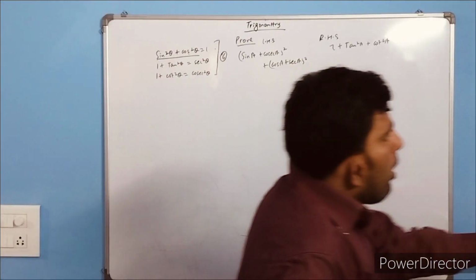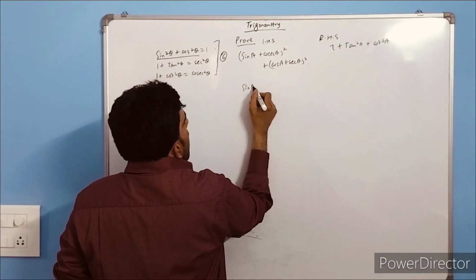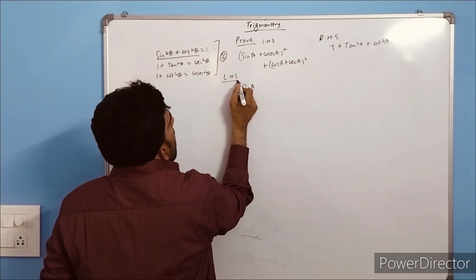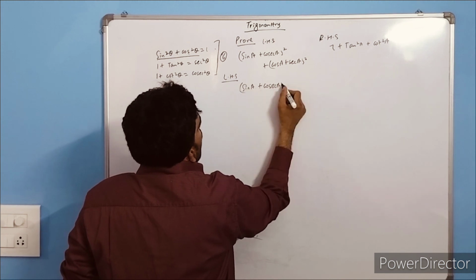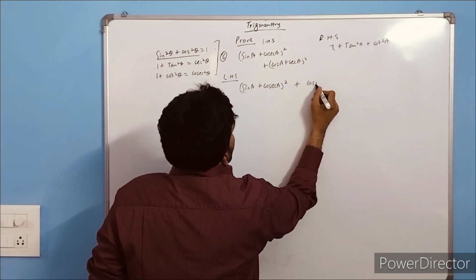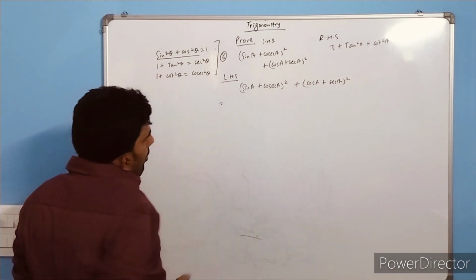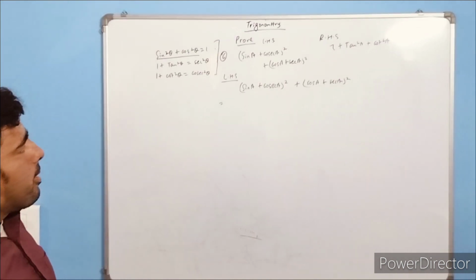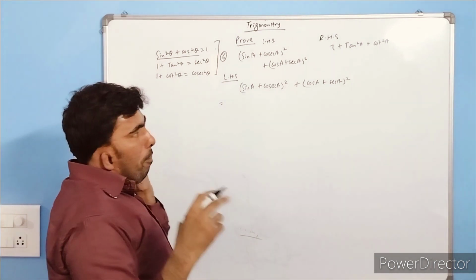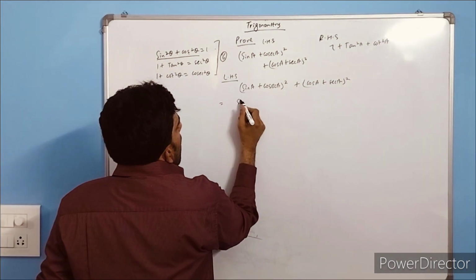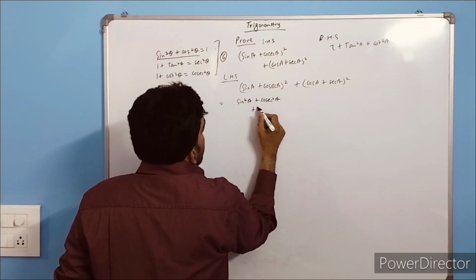Okay, so both they have given. Let us solve the LHS side first. So what I got: (sin A plus cosec A) whole square plus (cos A plus sec A) whole square. What we can do is open this by using the formula (A plus B) whole square, which is A square plus B square plus 2AB.